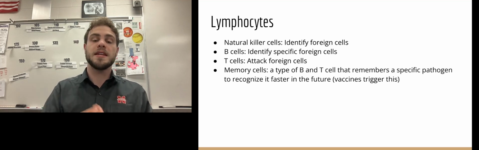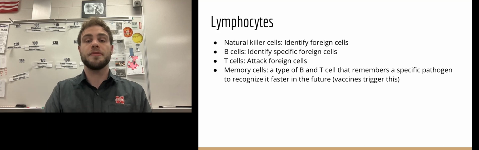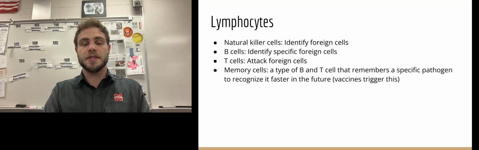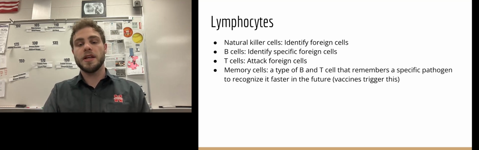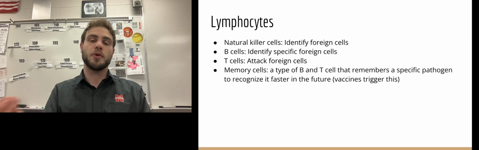A flu vaccine introduces a dead flu viral particle into the body so that your cells can recognize it and create memory cells, so that the next time you come into contact with that particular flu virus, your body recognizes it faster and can generate a response faster. That's also why you need a new flu vaccine every year: the flu virus mutates and is different enough that those memory cells would not remember it in the future.